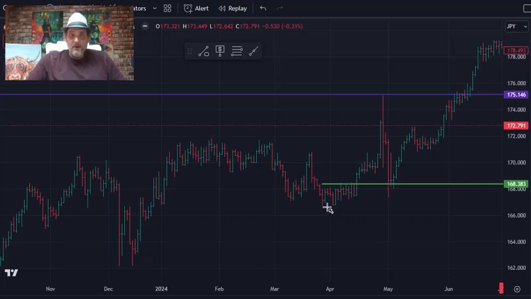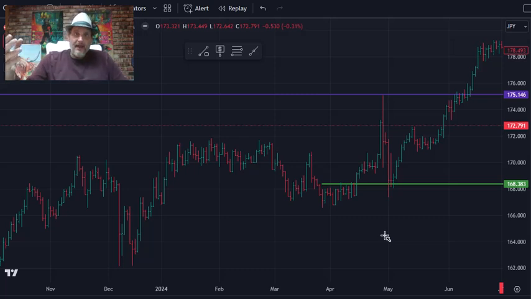But really what we want to do to get confluence of points is measure basically this leg. So we want to get confluence of points. Now we only have 1 point, and we got that 168.38. That's our point. That's all we got.